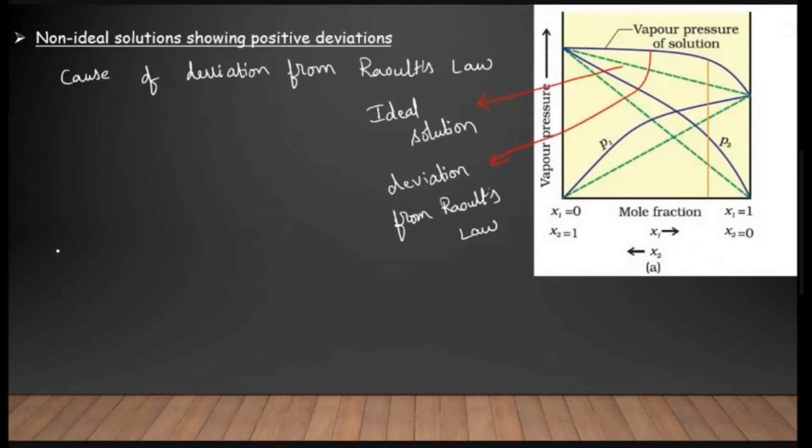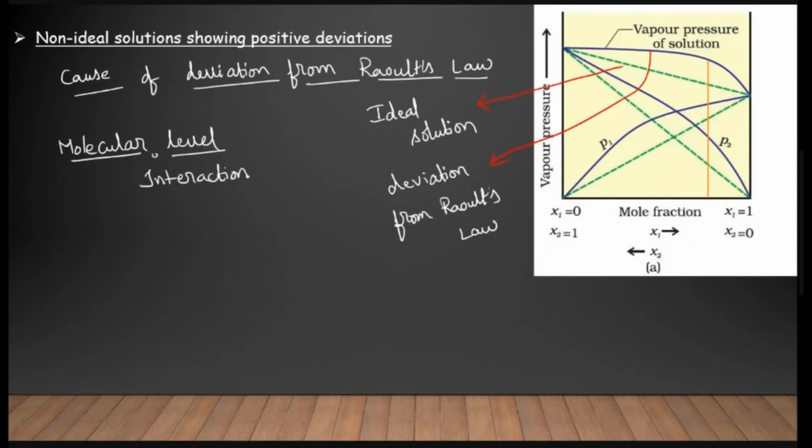So now let us understand what is the cause of deviation from Raoult's law. The cause of deviation lies at the molecular level. Basically it is about the interactions between the molecules.